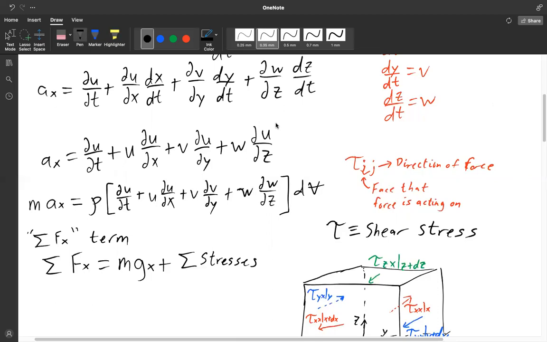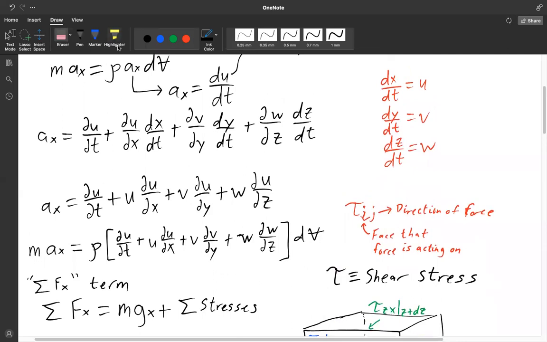Because this term goes here, the dx dt term goes here, the dy dt term goes here, and the dz dt term goes here.